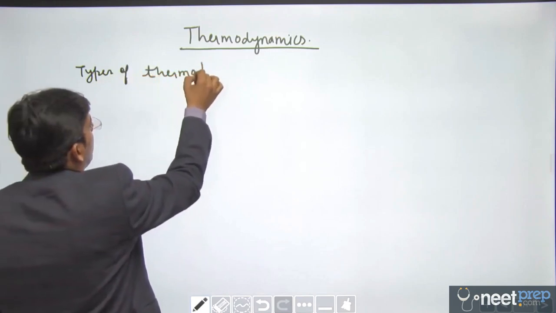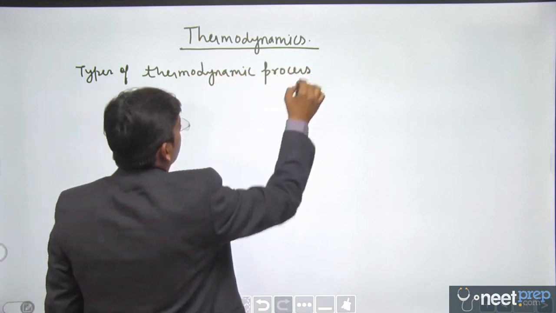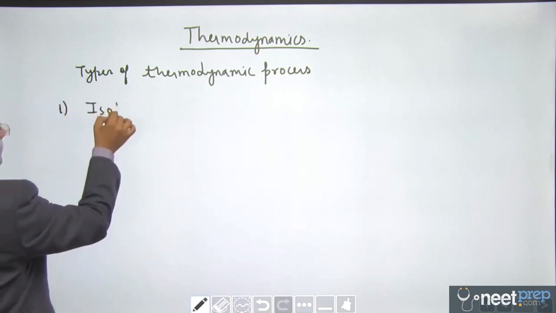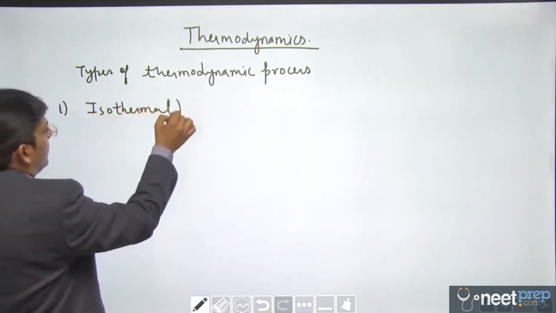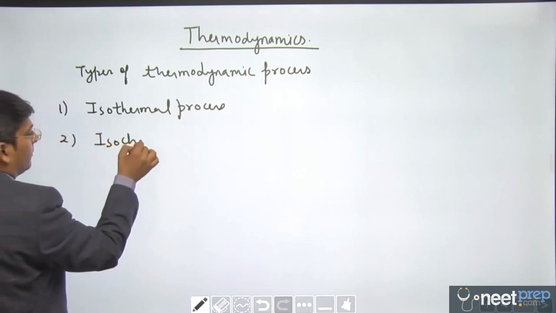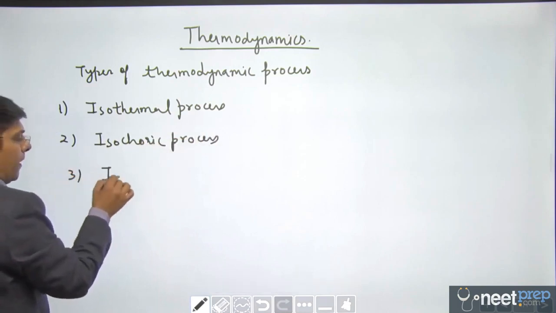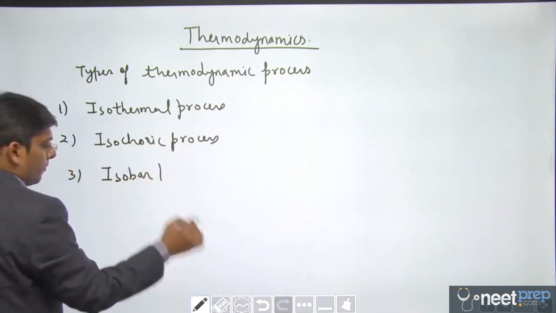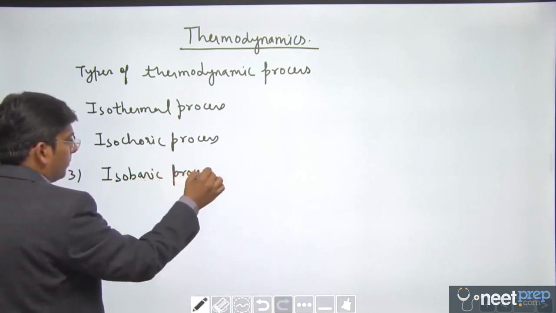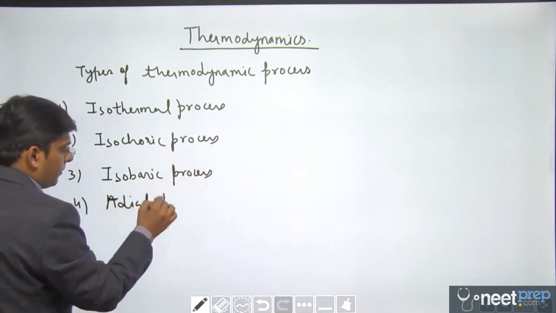So we have basically isothermal process, isochoric process, isobaric process, and adiabatic process, right?